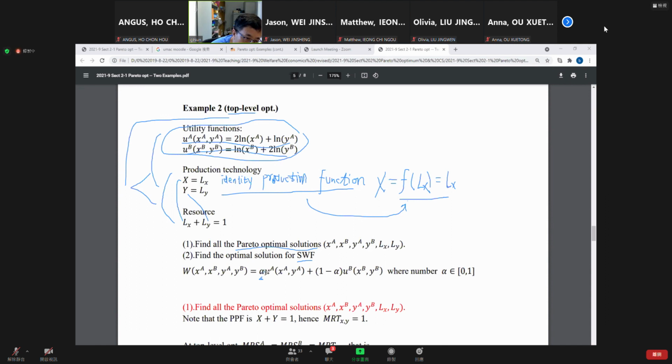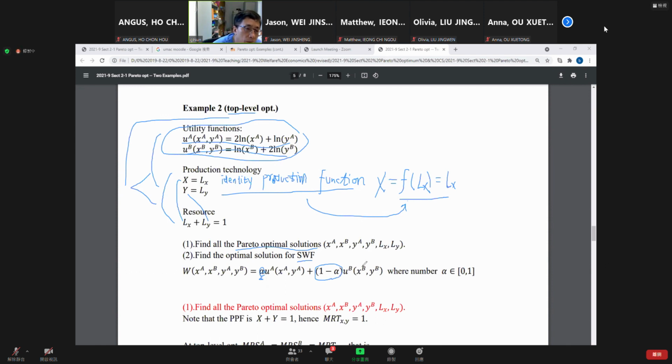This is a sort of average between Alice's welfare and Bob's welfare, but that's a weighted average. And again, this measures a sort of political philosophy, who we care more about compared to other members in the society.